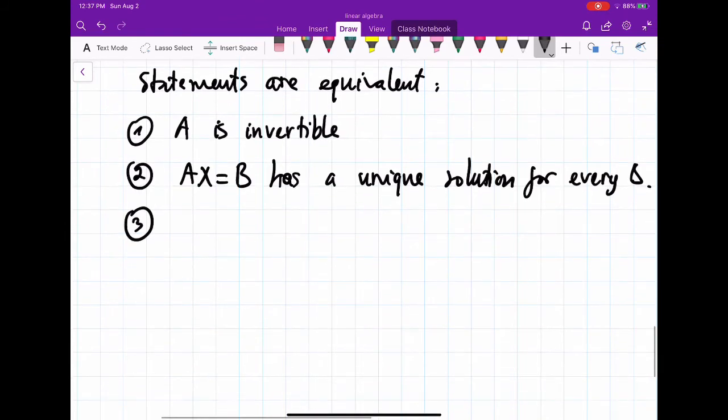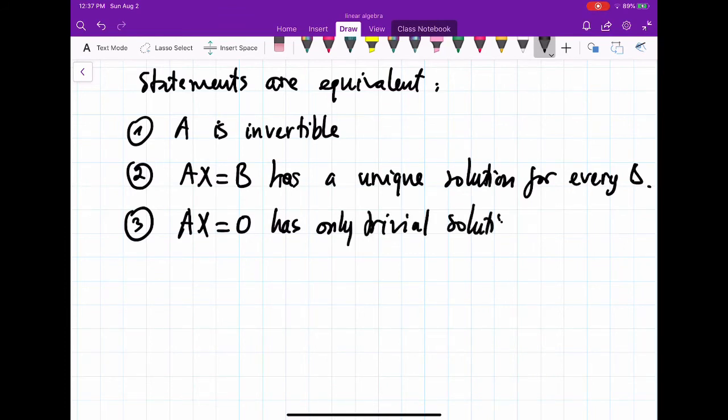3, AX equal to 0 means the homogeneous system has only trivial solution. That means only 0 solution, right?